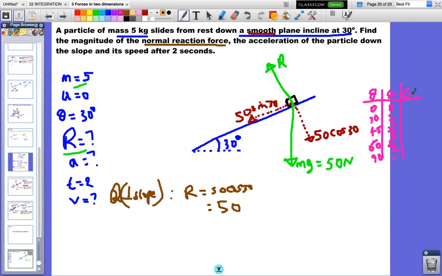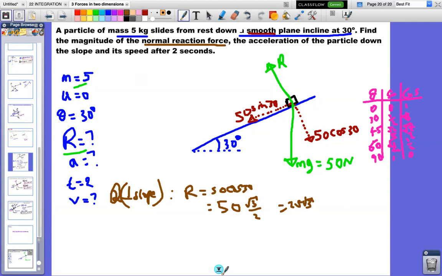And then for cosine, the opposite order: root 4 over 2, root 3 over 2, root 2 over 2, root 1 over 2, 0. So this will be root 3 over 2. So that's 25 root 3. That's the exact value.